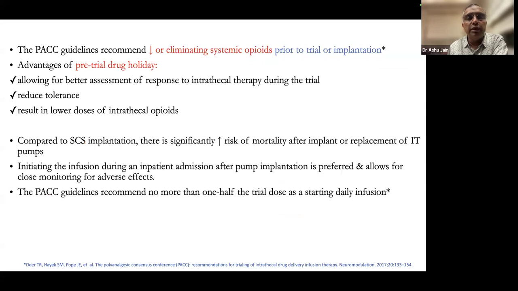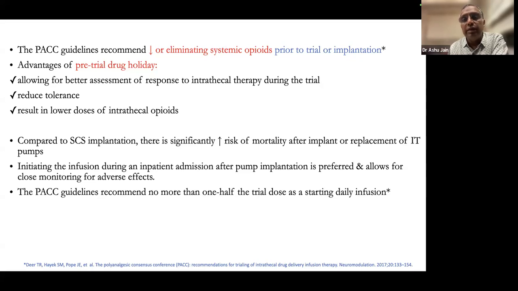And this is important: if your patients are on a high dose of opioids before the implant, then definitely you have to decrease the systemic dose of opioids. Like my patient with spinal cord injury, he had been on a heavy dose of tramadol for 2 years.